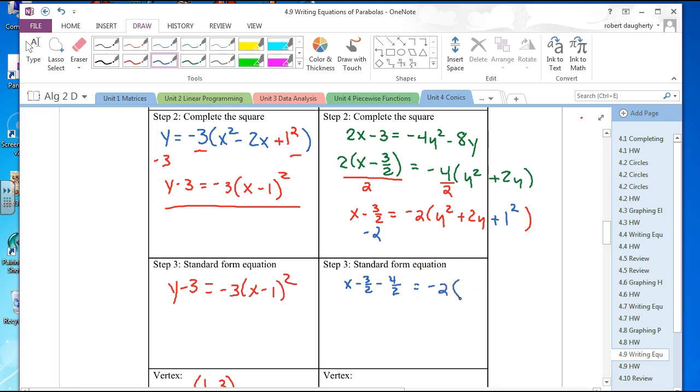And then what's in the parentheses there? Y plus 1 squared. So this is what's on the left. Yeah, x minus 7 halves equal negative 2 y plus 1 squared. Which way does this parabola open?